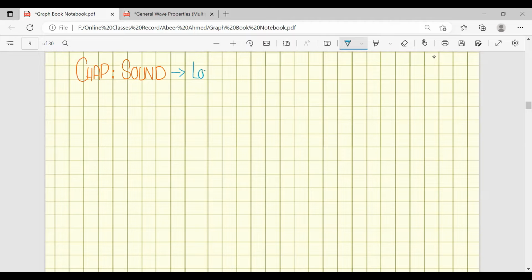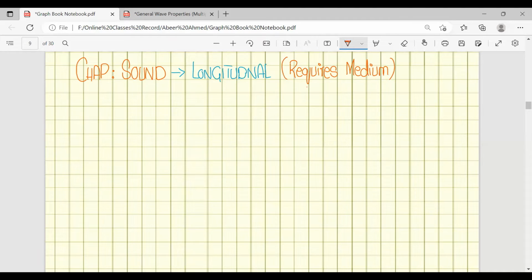Longitudinal, very good. So sound is longitudinal in nature. If sound is longitudinal, it means that sound also requires some medium to travel, right? Yes, it requires a medium to travel.